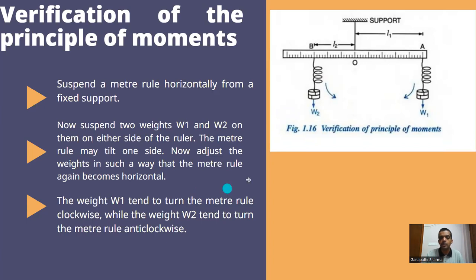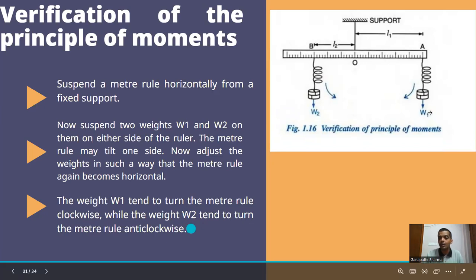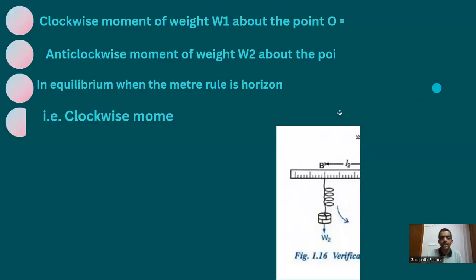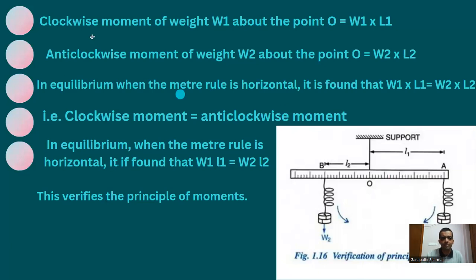The weight W1 tends to turn the meter rule clockwise, while the weight W2 tends to turn the meter rule anti-clockwise. Clockwise and anti-clockwise, a beautiful example, bacho. You are able to see on the diagram that both are in opposite directions. What can we conclude from this?